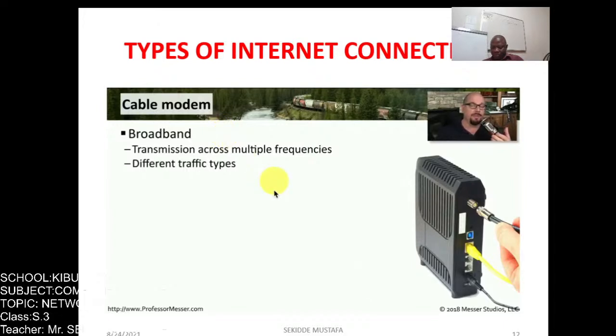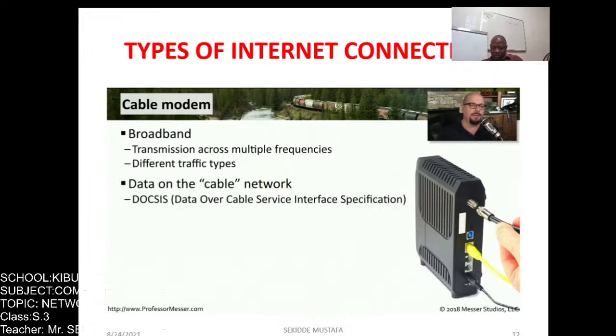This also can be different traffic types on these different frequencies, so it's not uncommon to have video, voice, and your data coming across this single cable modem connection. You may sometimes hear this cable modem connection referred to as DOCSIS, which is Data Over Cable Service Interface Specification.